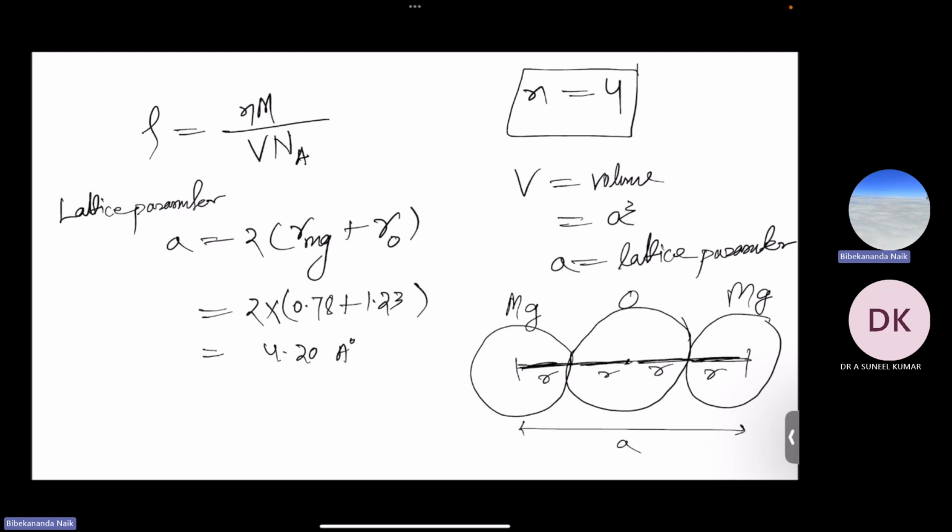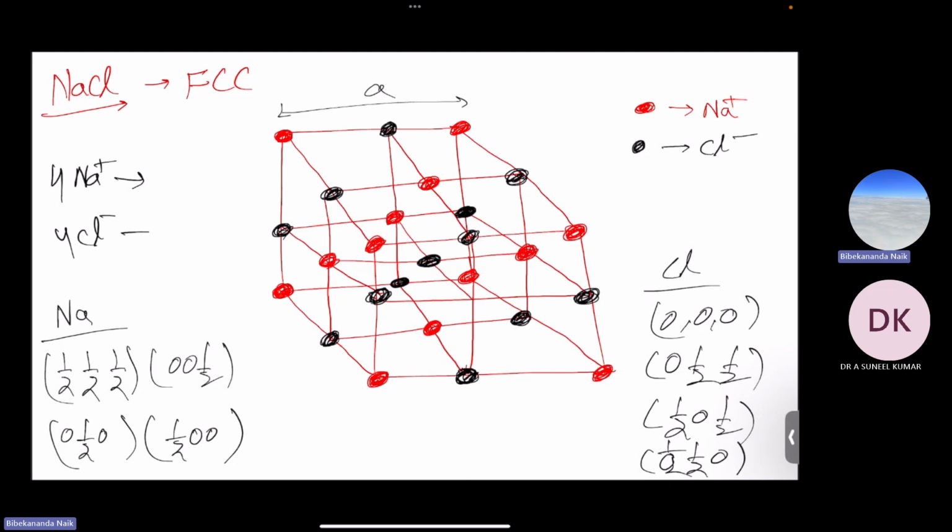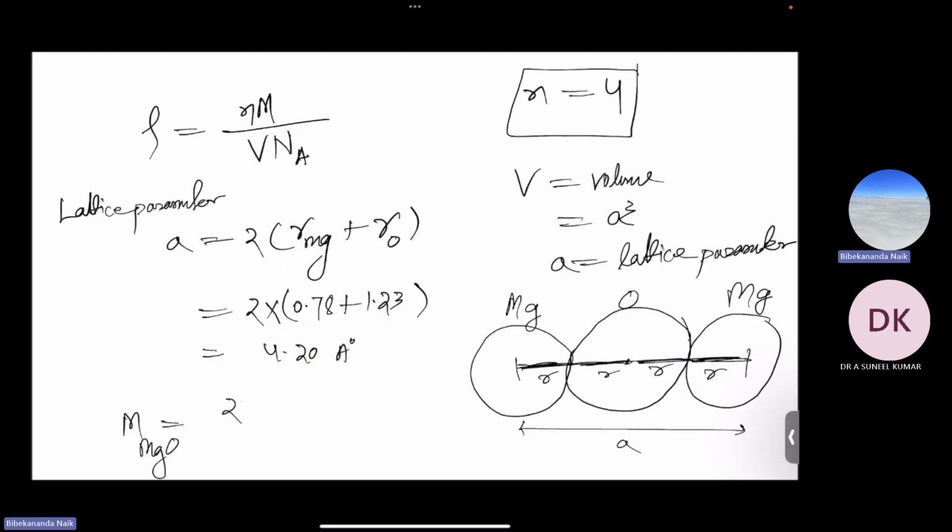And N is 4, and M is the mass of MgO. So the mass of MgO will be the mass of magnesium and the mass of oxide. So it is 24.3 plus 16 gram per mole.